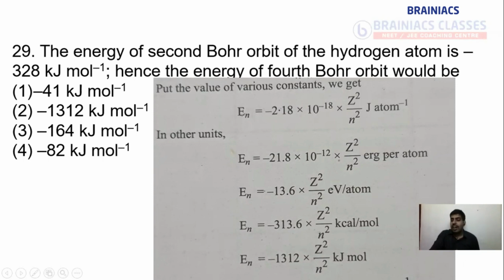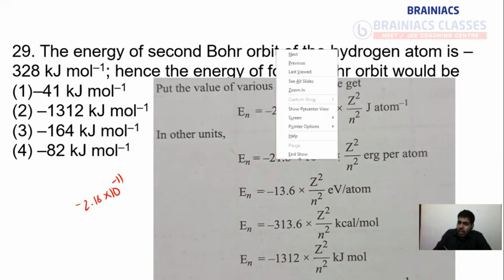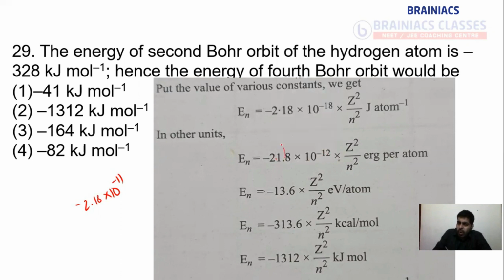If you express it in ergs per atom, the equation is minus 2.18 into 10 raised to minus 11 into Z square by n square.